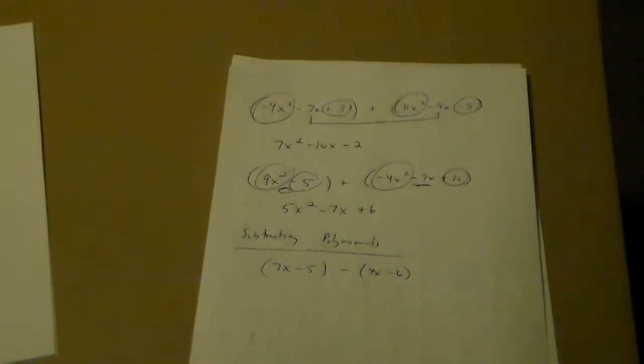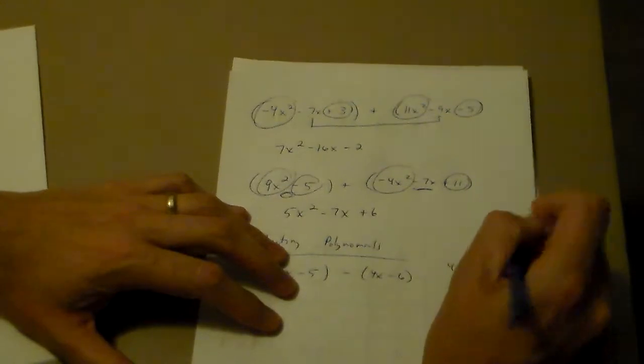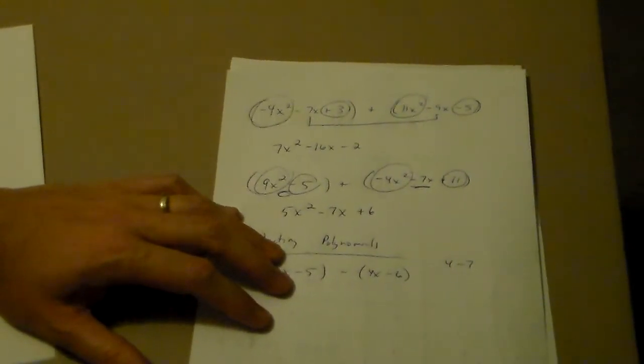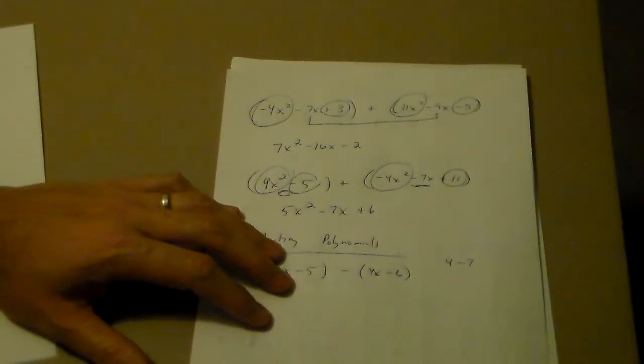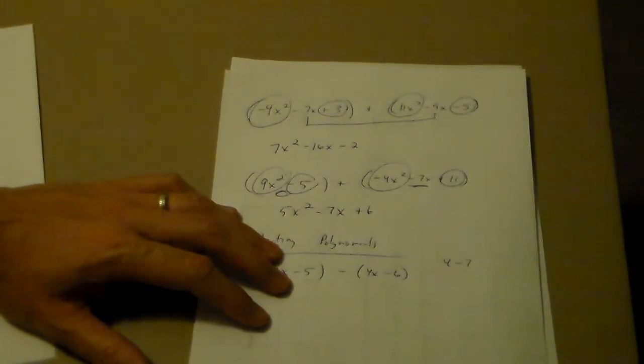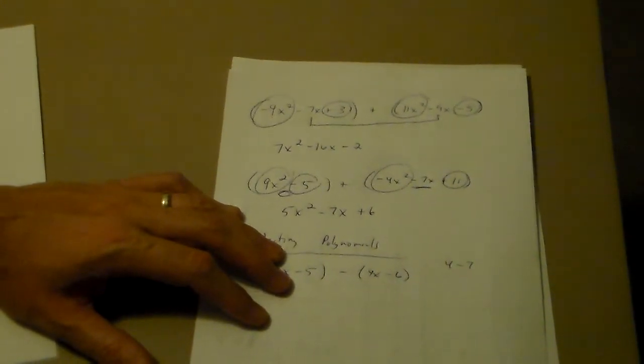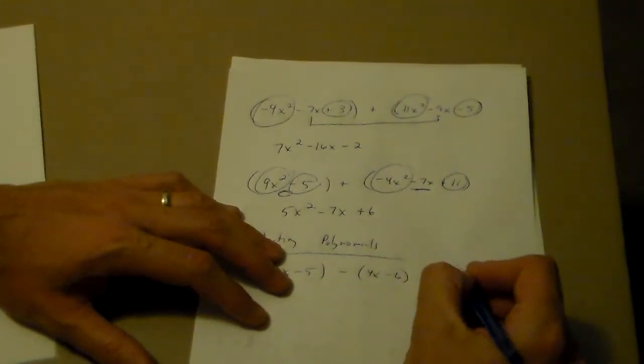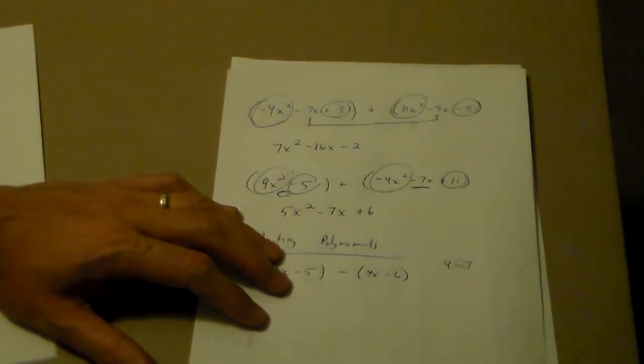Okay, so the way we do this is the same way you did it with integers. If you had this, 4 minus 7. Now when you guys look at that, you can probably say in your head what the answer is. However, there was a time you had to do it by the rules when you were first learning. And the rule was you take the subtraction away and you add the opposite. Change the sign from subtraction to addition, and then you change the sign of the second number.